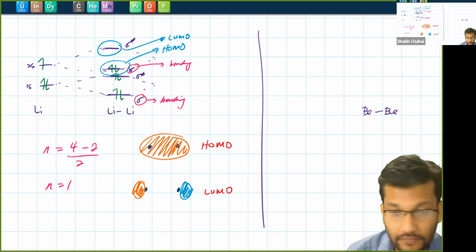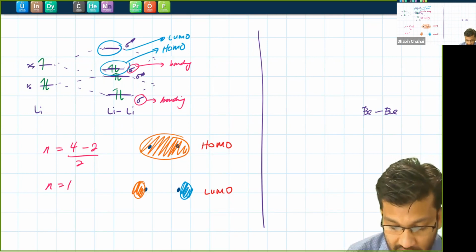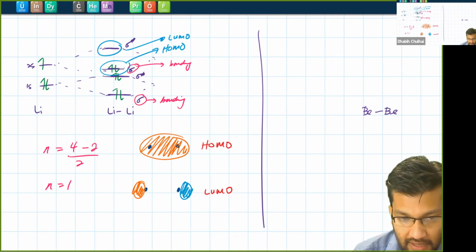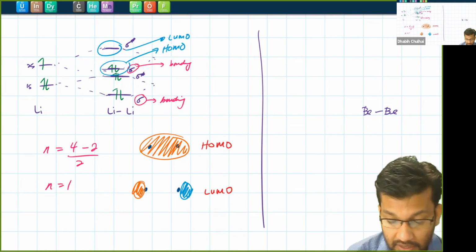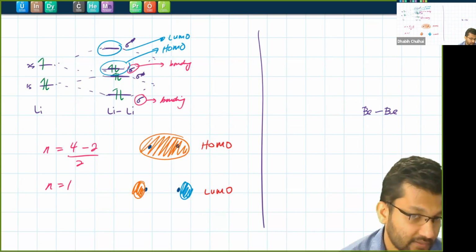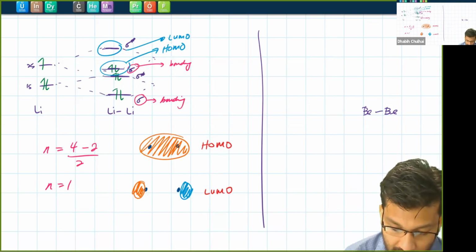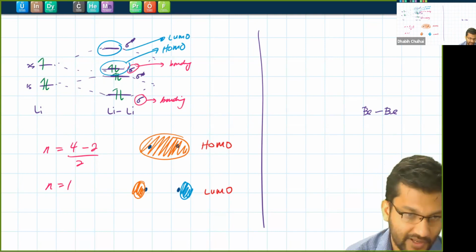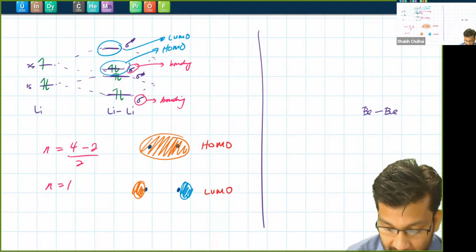They got 0 for the bond order, which is correct. Using this picture, a lithium 2 molecule, Li2, will have a single bond, but a beryllium 2 molecule will have no bonds. Which means that obviously the lithium will have a stronger bond than the beryllium, because the beryllium doesn't have any bonds there. And hopefully you're able to draw at least the HOMO orbital.